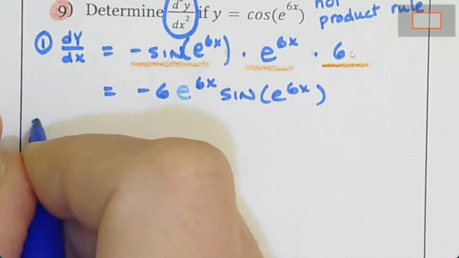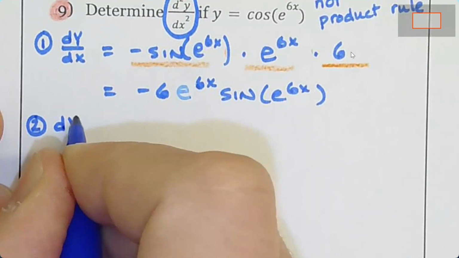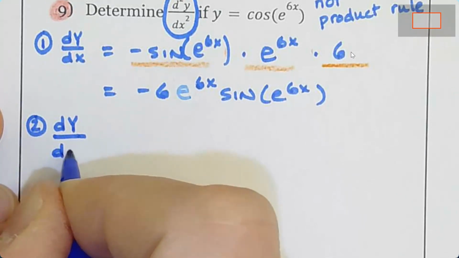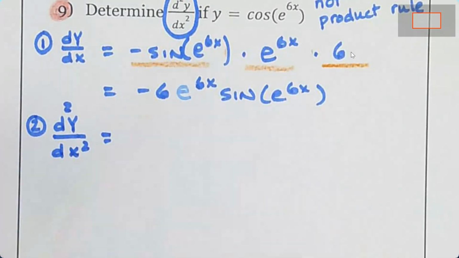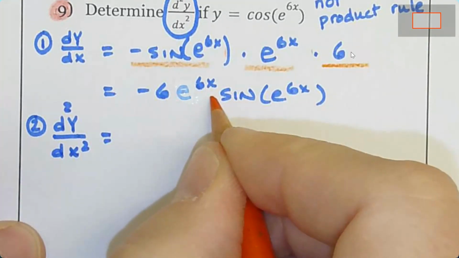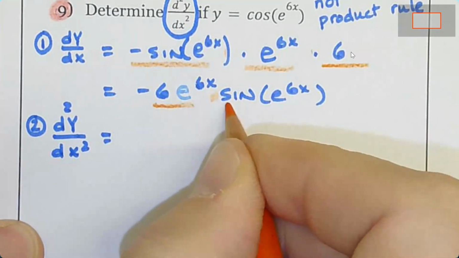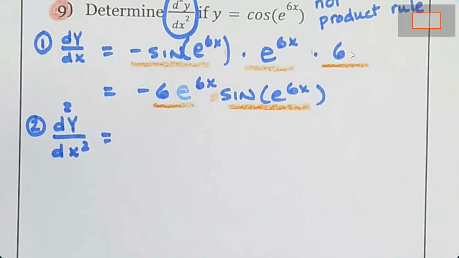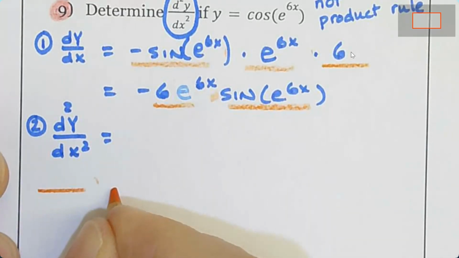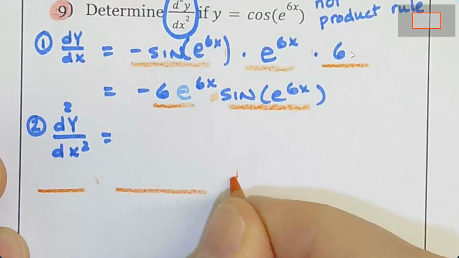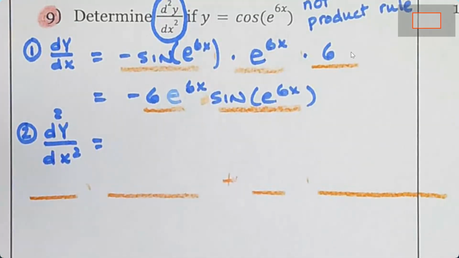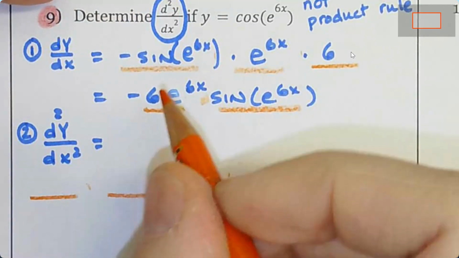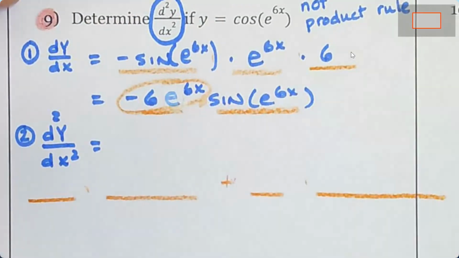Okay, second derivative. Now we have two functions, right? Now we have something times something else. So now it's going to be a product rule, which means we're going to get something times something plus something times something. Here we go. First function is this.